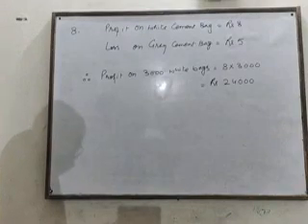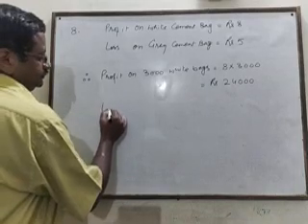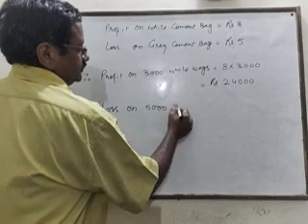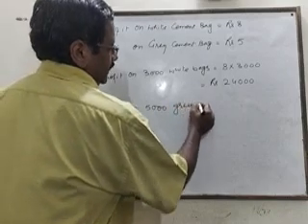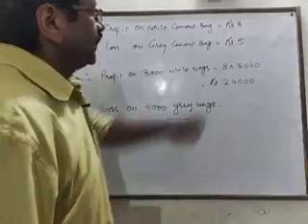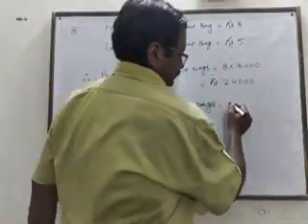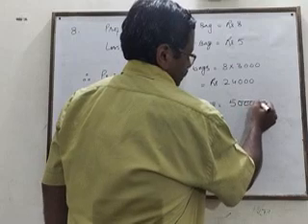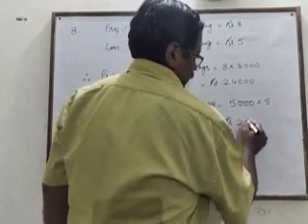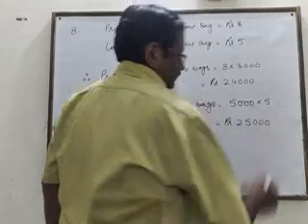Loss on 5,000 grey bags, so 5,000 multiply 5, ₹25,000.